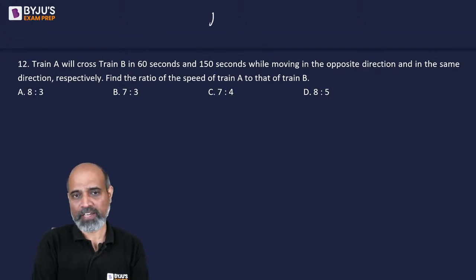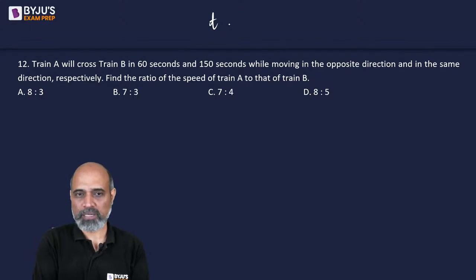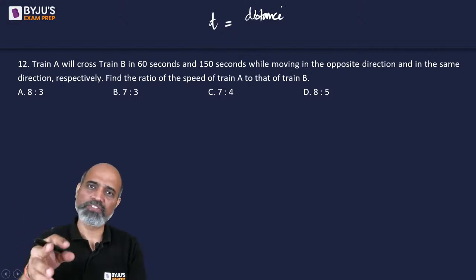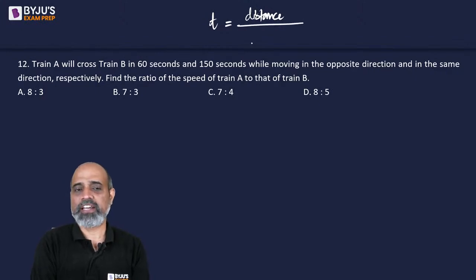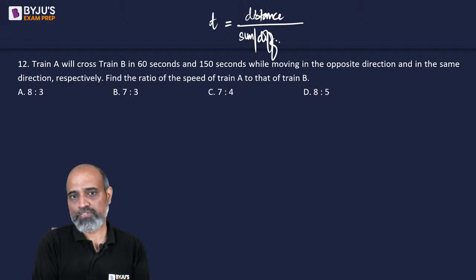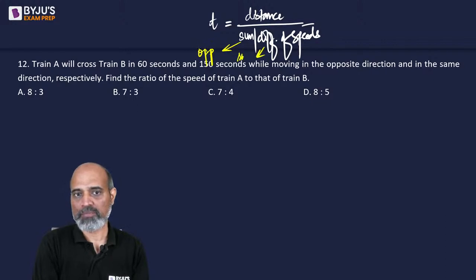Formula एक straightforward है कि time taken to cross or meet or overtake, जो भी आपको word use करना है, is equal to distance. Distance will include length of the track, length of the trains, length of the tunnel and so on, divided by sum or difference of speeds. Sum will happen when the bodies or the trains are moving in the opposite direction, and difference will happen when they are moving in the same direction.